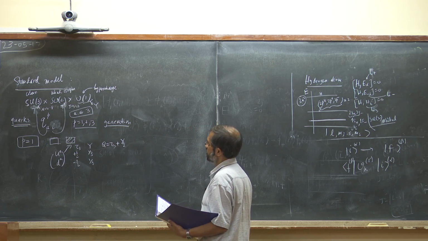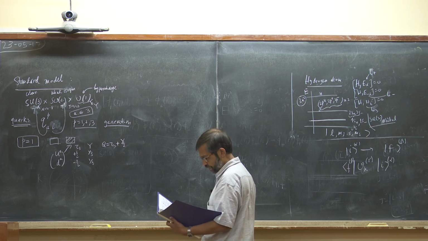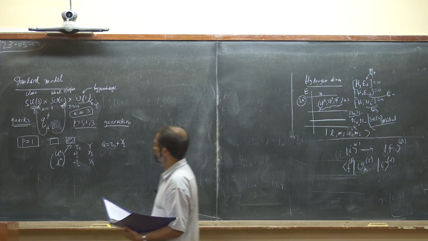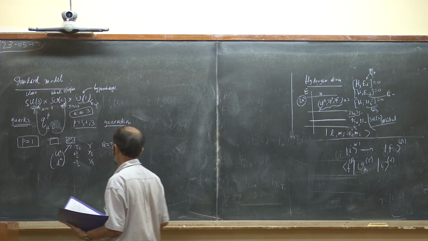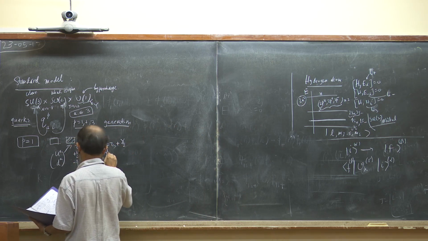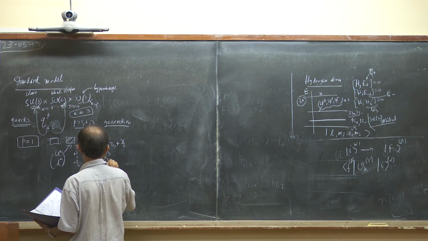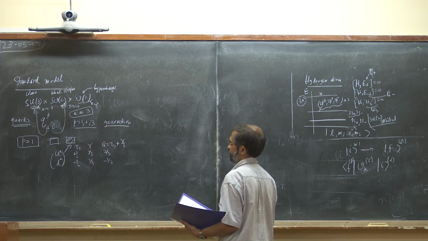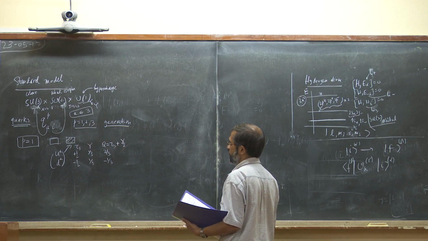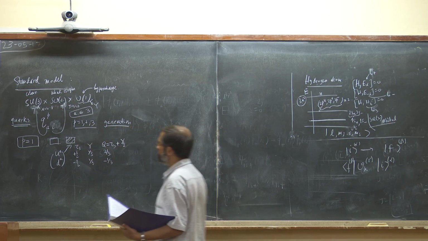And now can somebody do the math for me, please? So for U, tau 3 is this and y is that. So that's 2/3. You can perhaps say it from memory, and it's minus 1/3 for D.